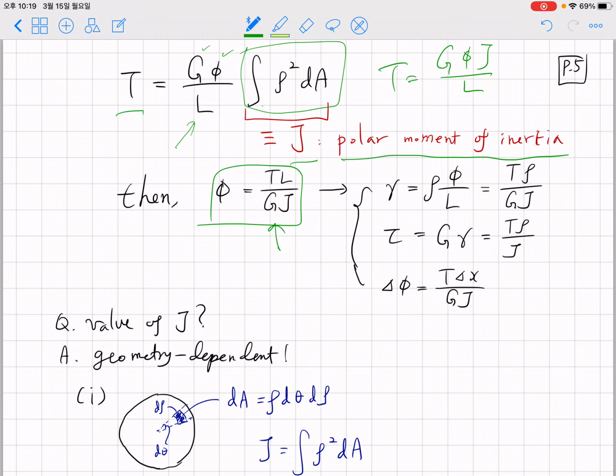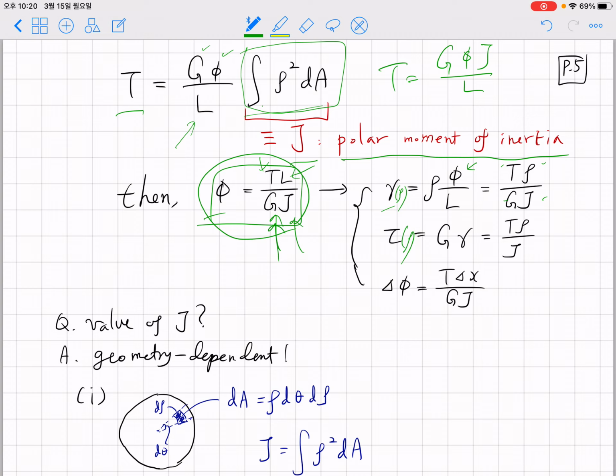So after obtaining this twist angle, what you can see here is that we can now obtain the twist angle as a function of the torque, the length L, the shear modulus, and J, which must be a geometrical factor. After obtaining tau, if you plug in the expressions for gamma as a function of rho and tau as a function of rho, you can obtain the relationship between gamma and rho, T, G, and J for any point within the circular shaft under the torsion.